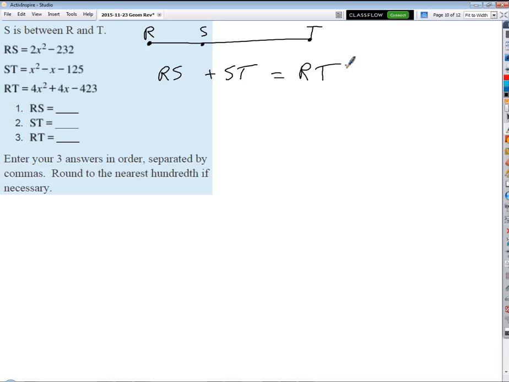We're given expressions for each of those distances or segment lengths. So we can substitute, right? So instead of RS, we're going to plug in 2x squared minus 232, plus, instead of ST, we're going to plug in x squared minus x minus 125.